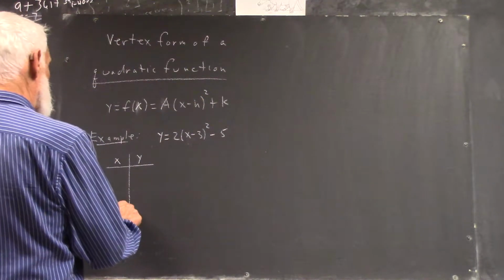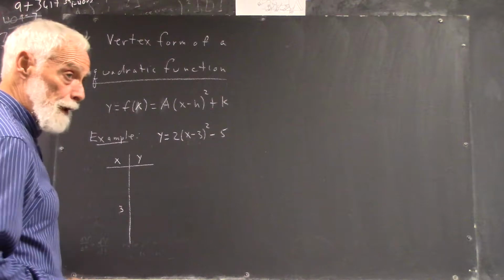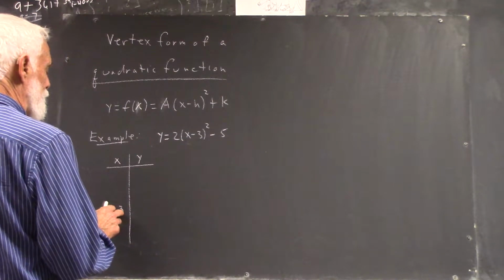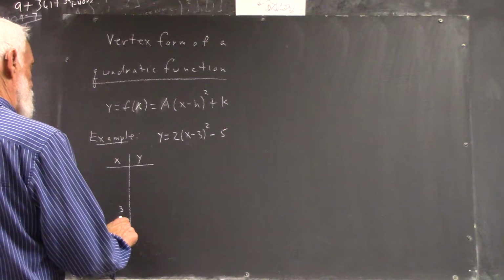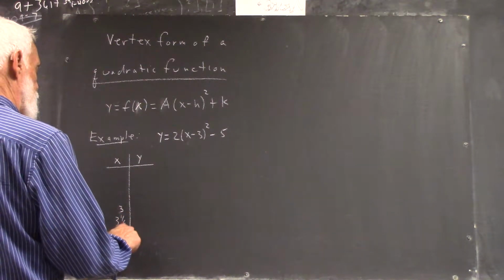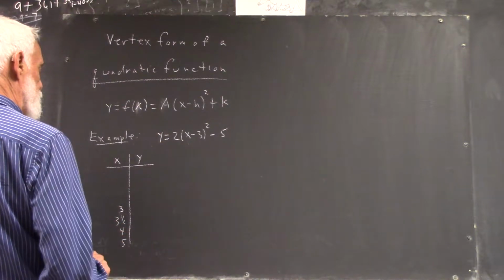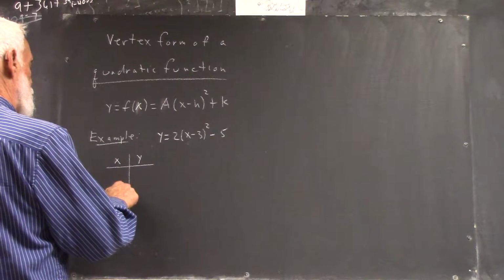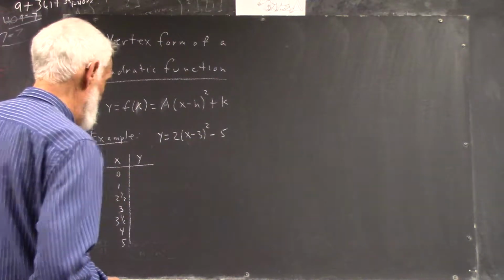So I'm going to use x equals 3. Then 3 and a half, 4, 5, 2 and a half, 2, 1, 0.